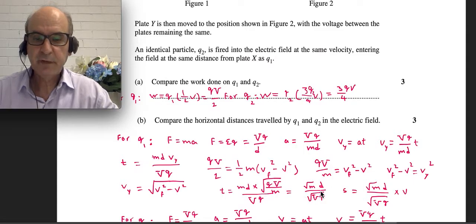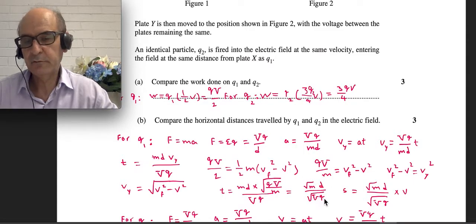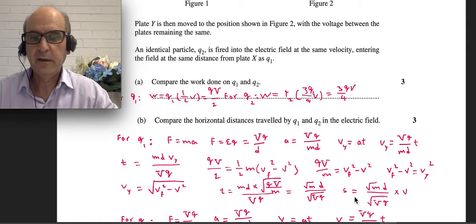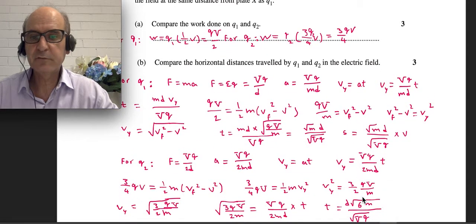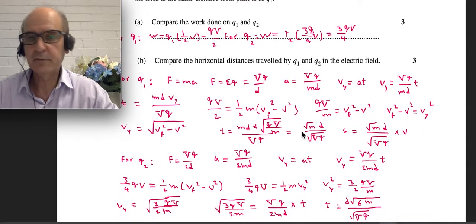After simplifying, that gives you root m times d over capital VQ. Now your s, the distance: we have the time and the velocity in the x direction, horizontal, is v. Just times them together and you get s. That is the s for the first one.